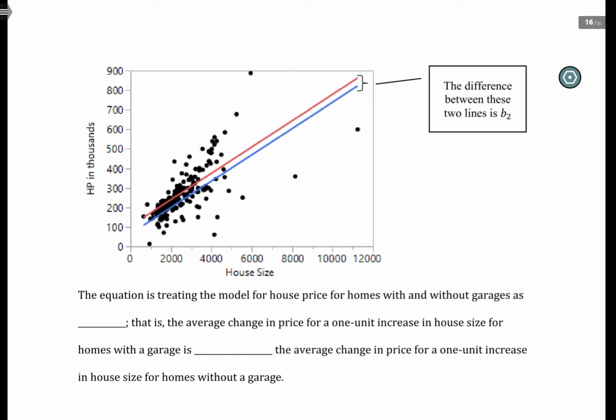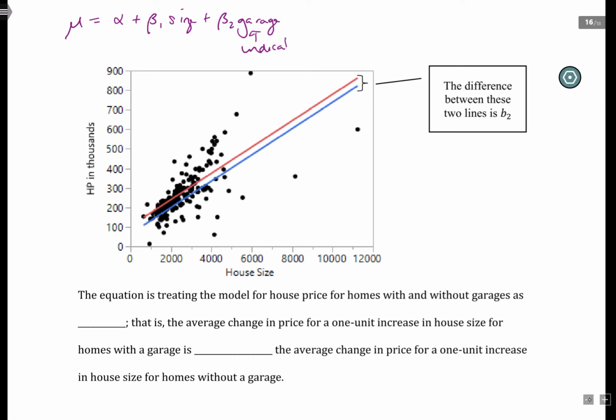So last class we looked at a comparison of two models. One where the true average house price is dictated by both the size of the house and whether the house has a garage. We did that by including this garage indicator variable.